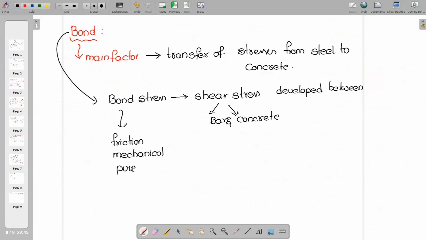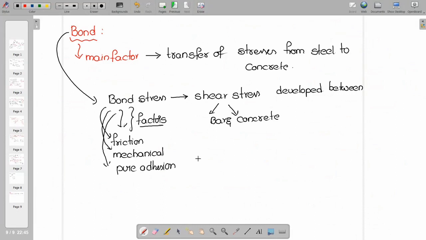Pure adhesion means it acts like a gum, sticky in nature, like chewing gum. So the factors affecting bond stress are friction, mechanical resistance, and pure adhesion.